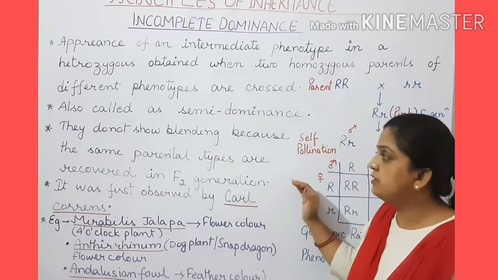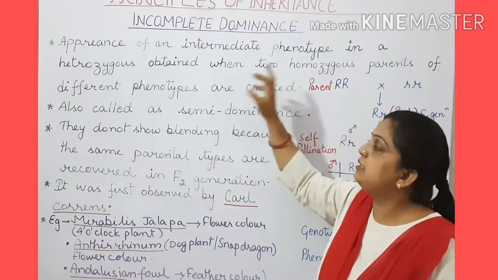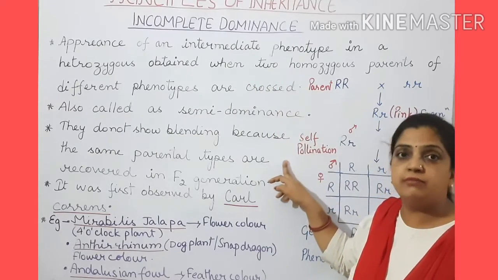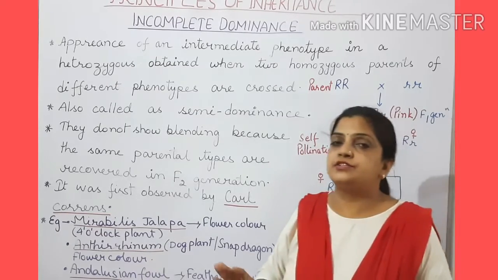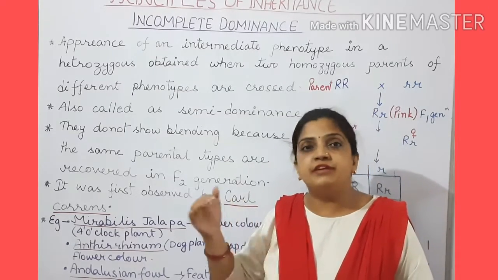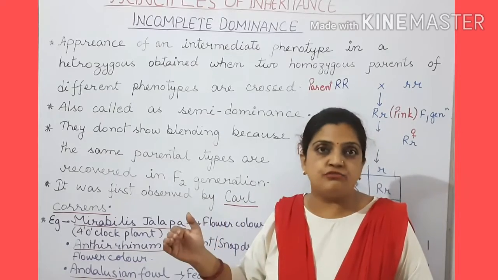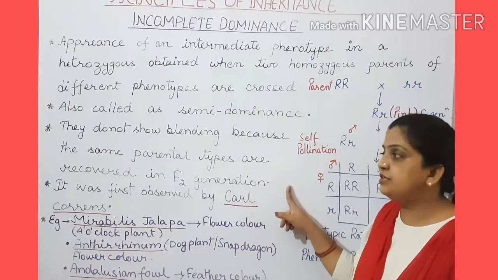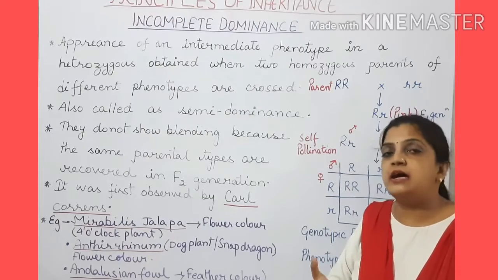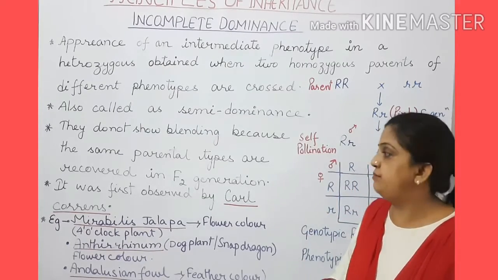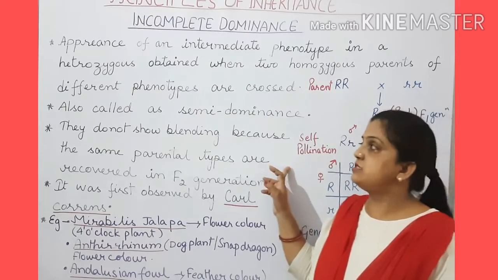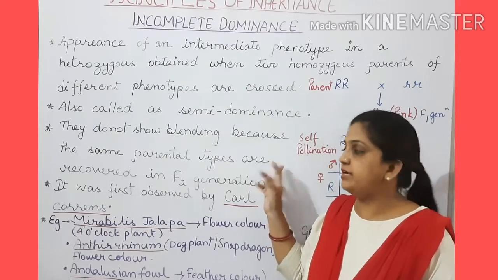So we can say that incomplete dominance is not showing blending. Though in the F1 generation the offsprings deviated from Mendel's original result, in the F2 generation those characters are recovered again as in the Mendelian experiment. So we will not consider it as blending.